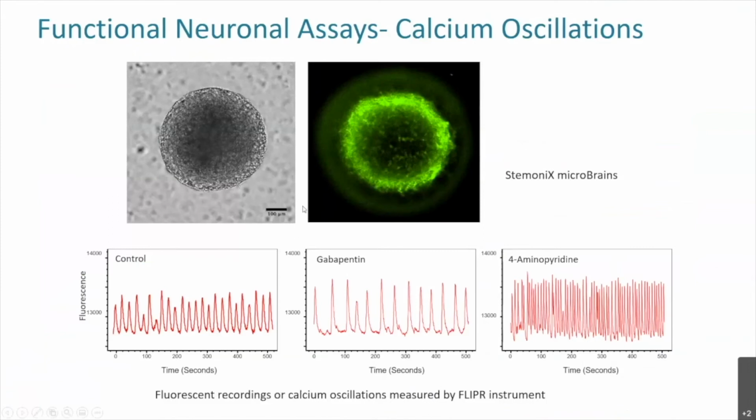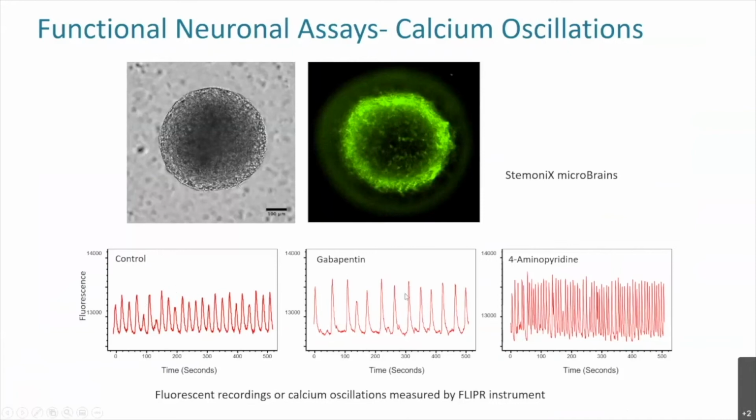And they have spontaneous activities, which you can measure by calcium oscillation. So we add calcium dye to those organoids, and we observe changes in fluorescent intensities, which go up and down. So here you can see a recording of fluorescent intensity for a control organoid.